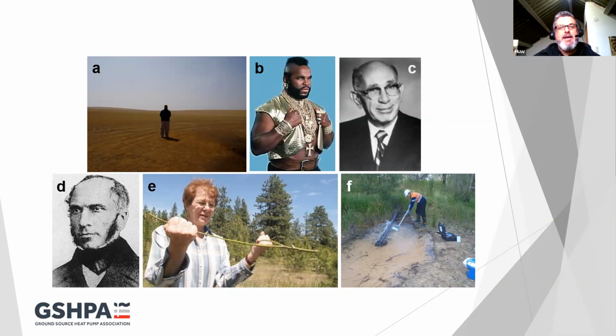Photo F, that's worthy of mention because that's a hydrologist, someone that's interested in surface water flow and occurrence. But I'm a hydrogeologist and I'm concerned with groundwater flow and occurrence, and therefore groundwater open loop systems. And then photo B and E, they're both actors in some way or another.